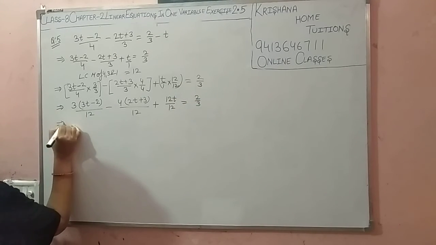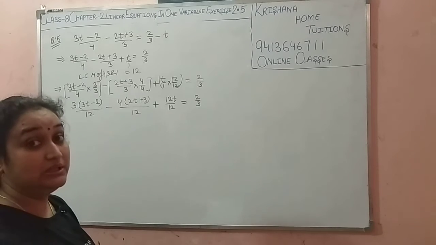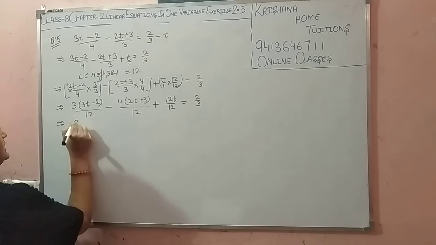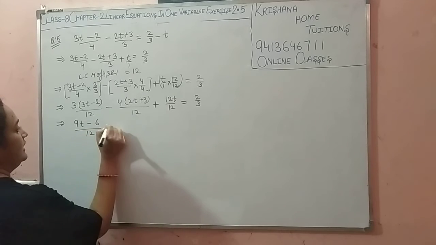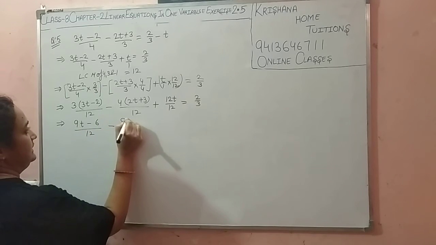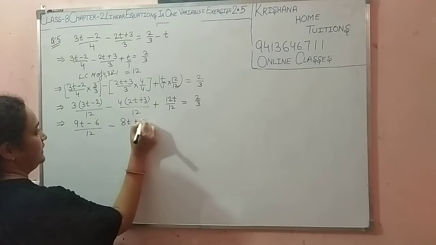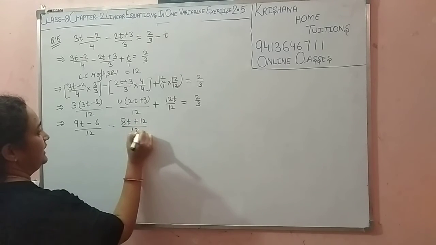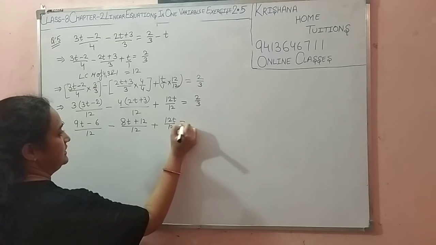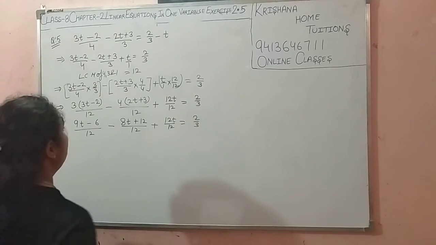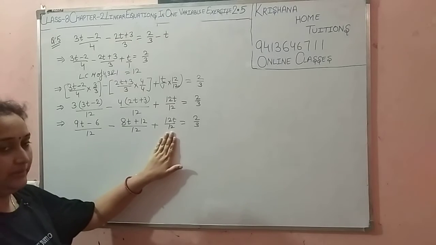Now this is the method to reduce the equations. So it is 9t minus 6 upon 12 minus 8t plus 12 upon 12 plus 12t upon 12 is equals to 2 upon 3. Now the denominators are same.